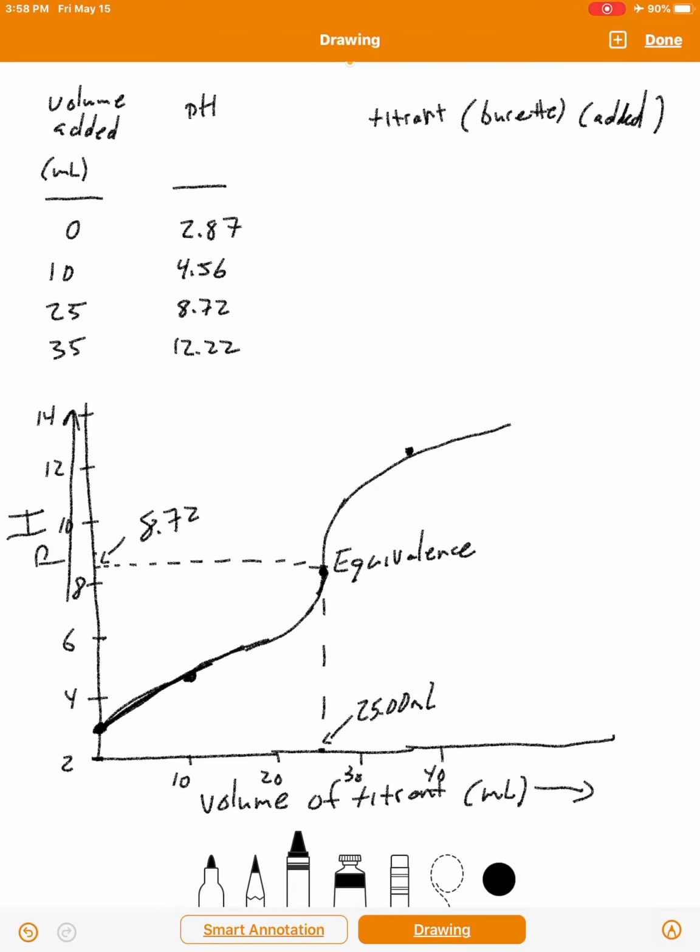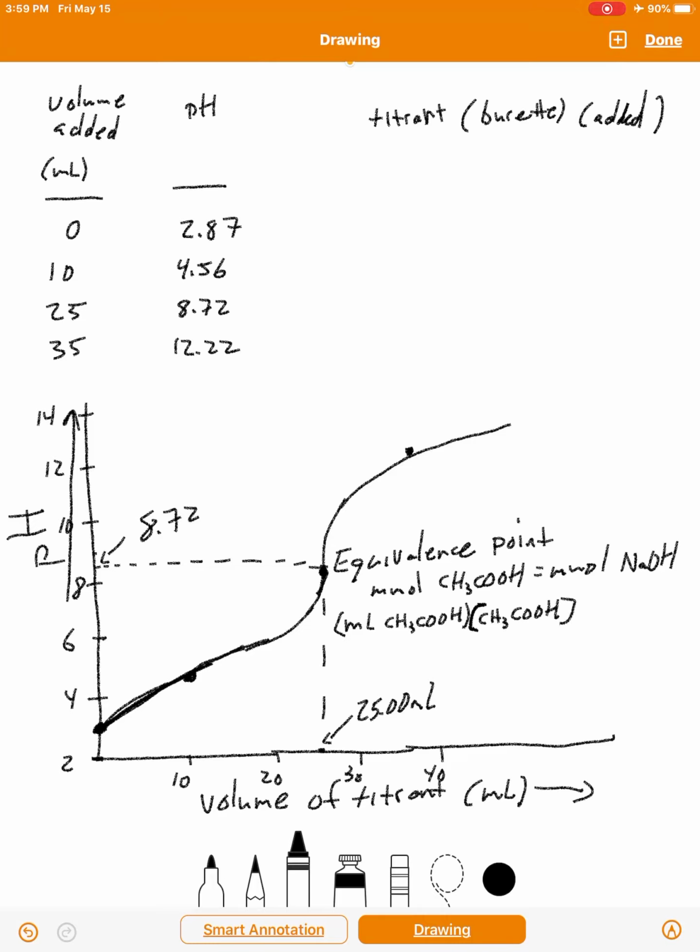Okay, that's the equivalence point. And remind yourself, the equivalence point is where the millimoles of the acetic acid is equal to the millimoles of the sodium hydroxide, the titrant that's being added. So in a sense, what you could do is say the number of milliliters of acetic acid times the concentration, so I'll write this in square brackets, of acetic acid.